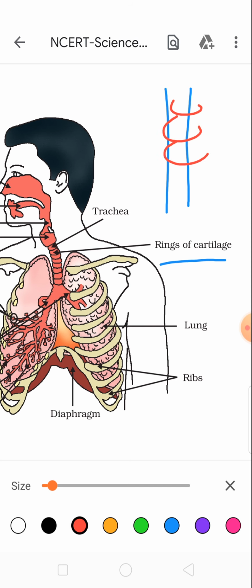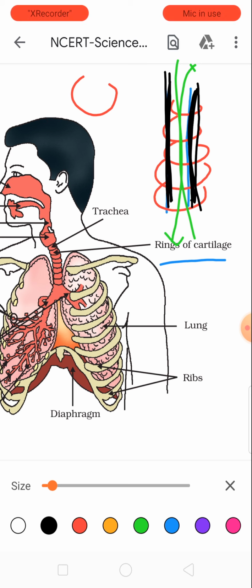What it will do is that when we are inhaling or exhaling the gases, this structure, the wall of the trachea, should remain intact. It should not be closed. Always, when we are inhaling or exhaling the gas, this trachea should remain open.